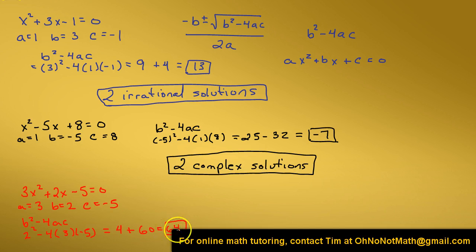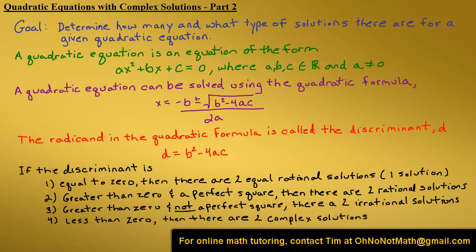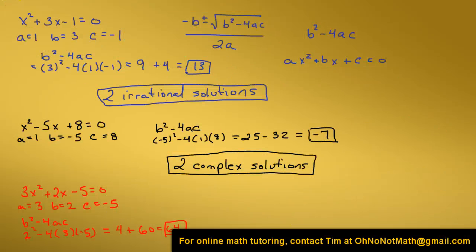So it's greater than 0, and it is a perfect square, right? The square root of 64 is 8. If it's greater than 0 and a perfect square, that's number 2: there are two rational solutions.